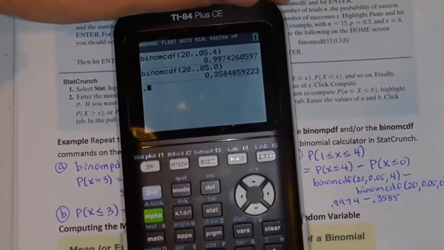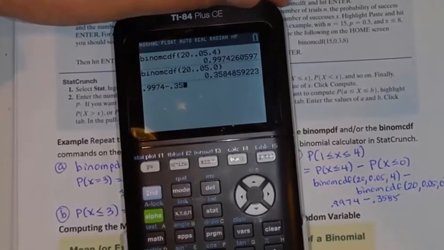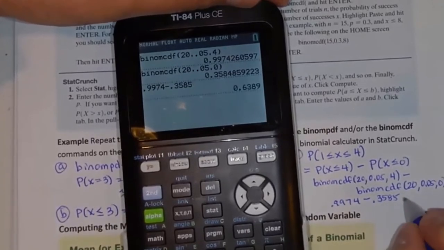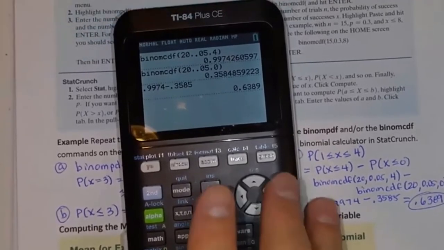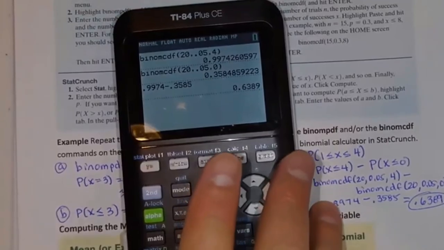And so if I take 0.9974 minus 0.3585, that gives me 0.6389. And that is approximately the same answer that we got by hand.